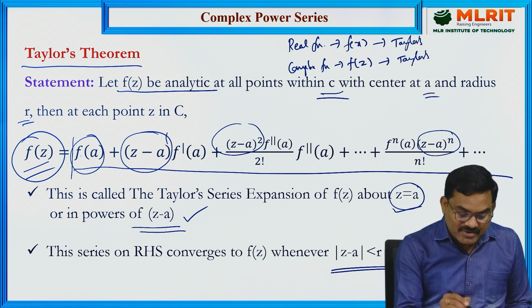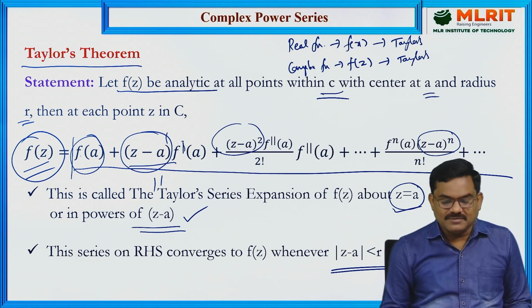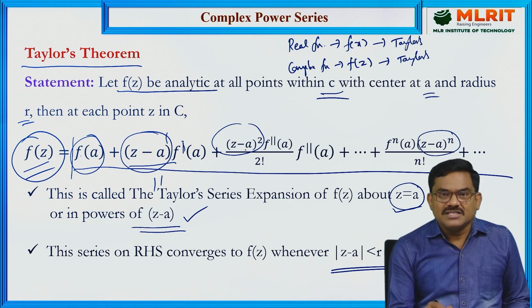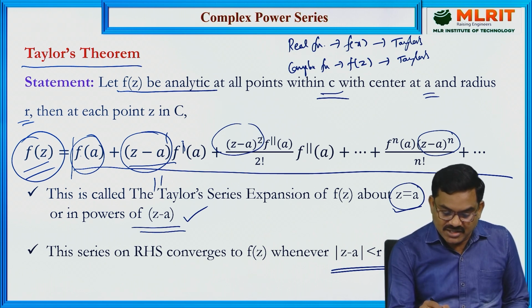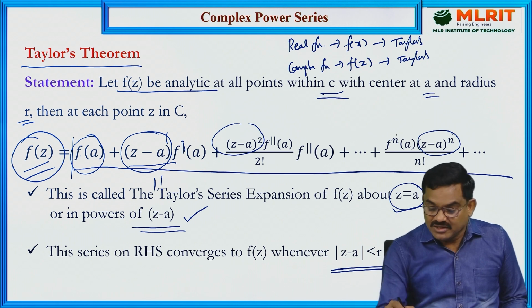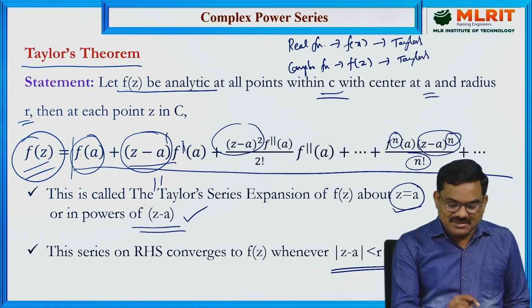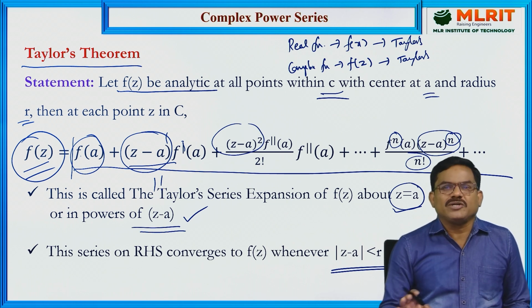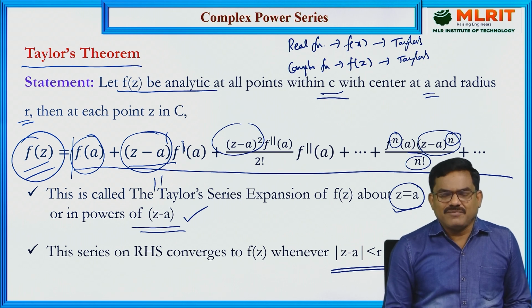Here we have the power 1 and the first derivative by 1 factorial. Similarly here z minus a whole square by 2 factorial and f double dash a. So these things should match. Here n and n factorial. So if you understand the format of this expansion, no need to learn it by heart. Simply you can write the expansion of f of z.